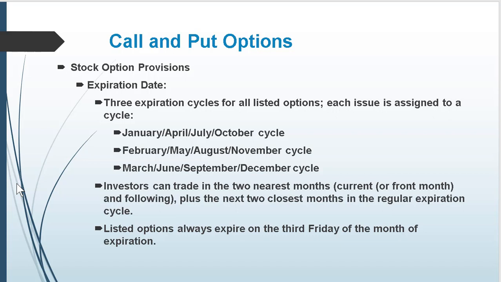They always expire on the third Friday. I don't know that the expiration information here is all that relevant or important, but we just need to know that they are very short term and they have very structured expiration windows, if you will.